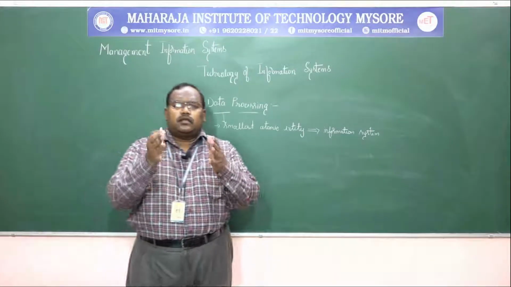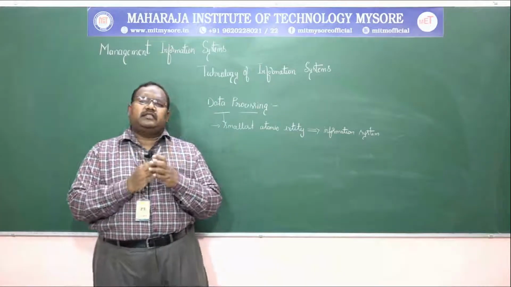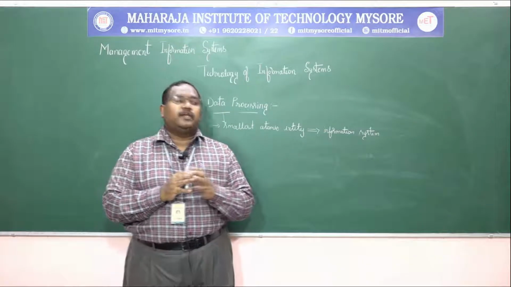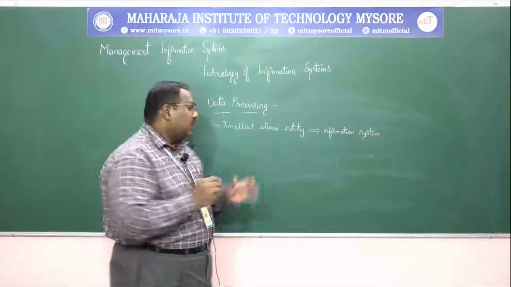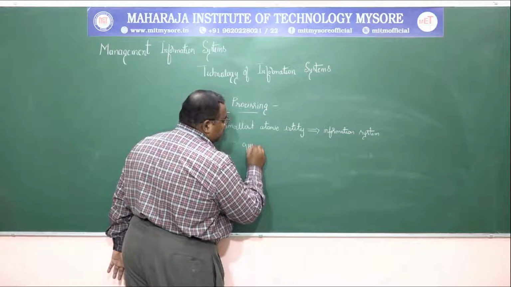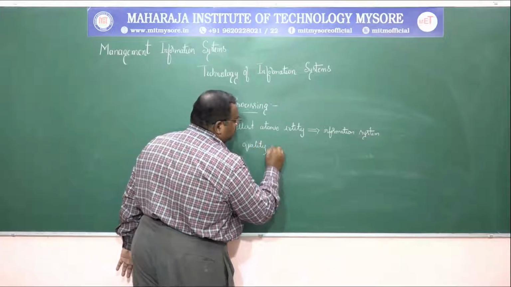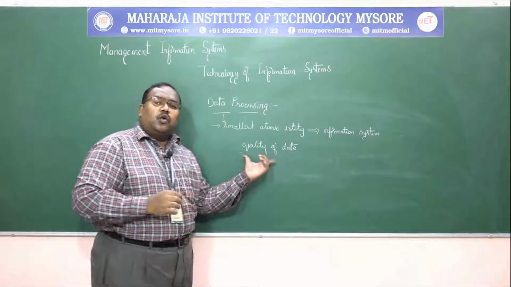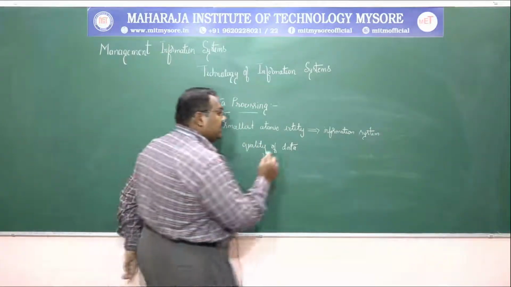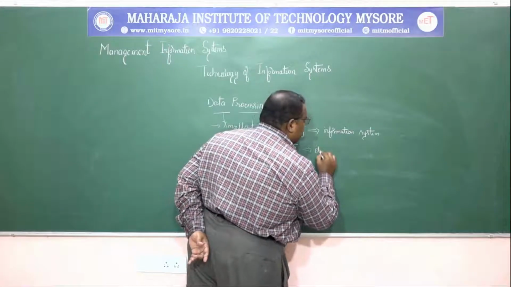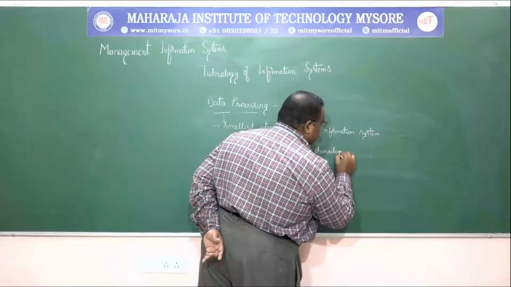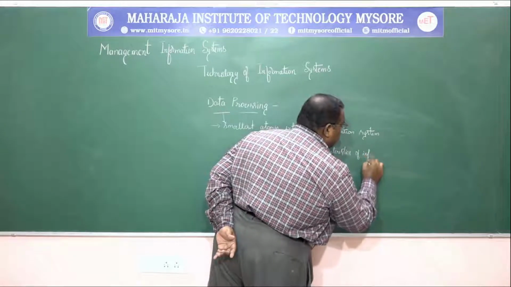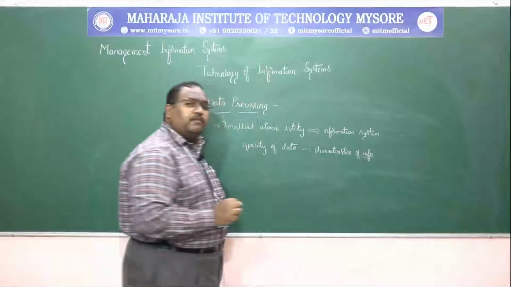Next, the character of the data decides the quality of information. I am repeating it so you know that the quality of the data decides the characteristics of information.